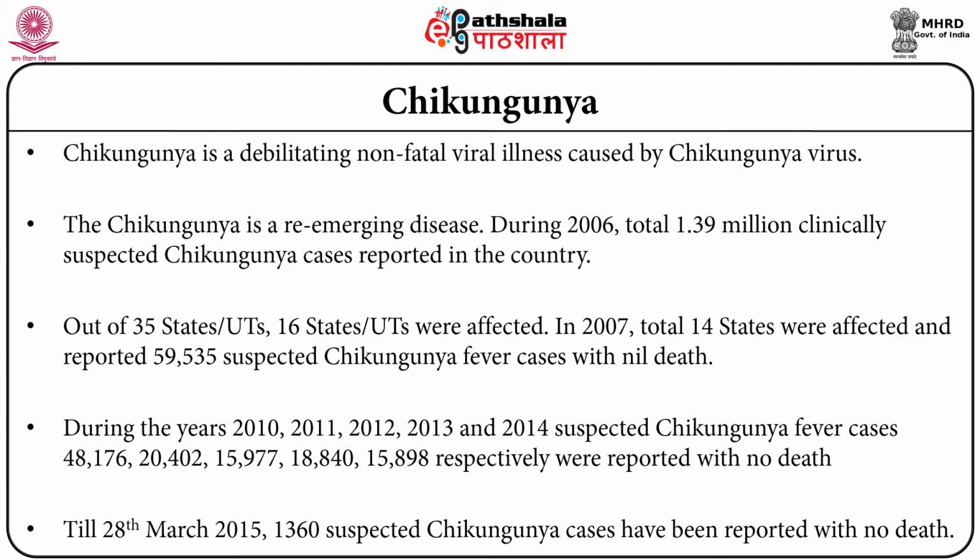Though the vector of the disease, that is the Phlebotomus argentipes, is present globally, there are two factors in the transmission of the disease: one is the reservoir, and another is the vector. Simply the presence of the vector is not going to make a difference, because there must be a reservoir also.